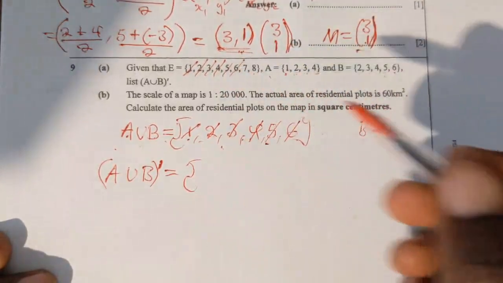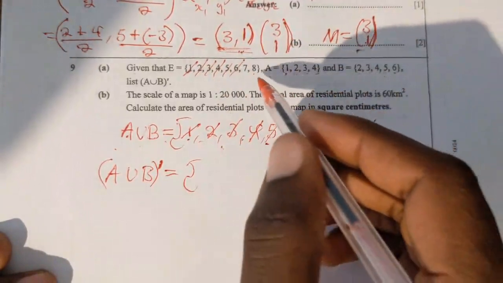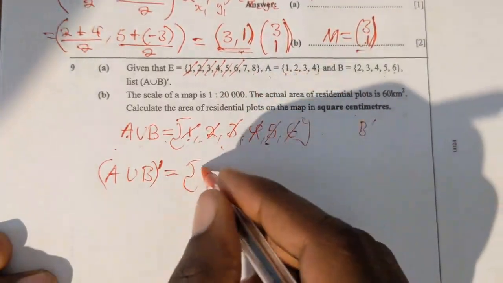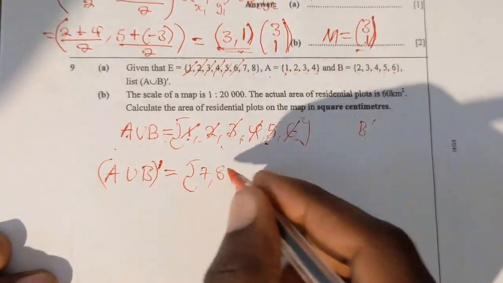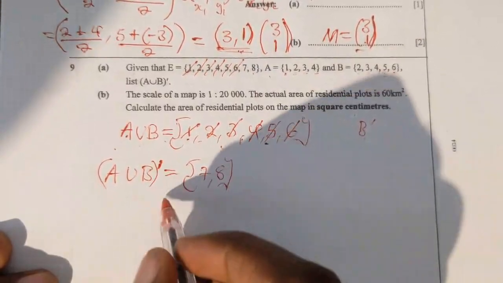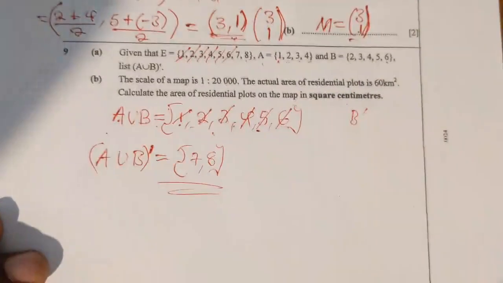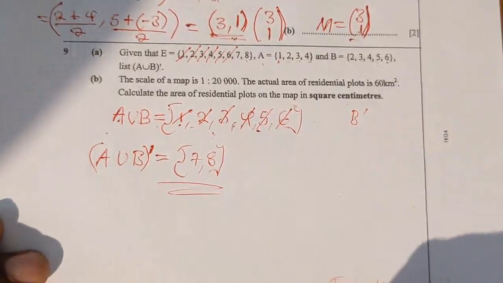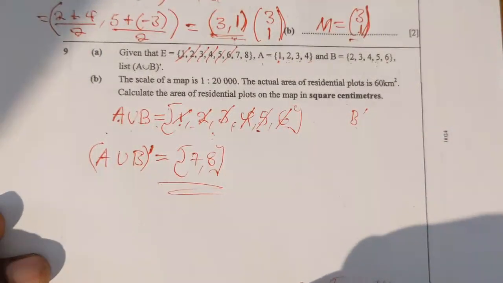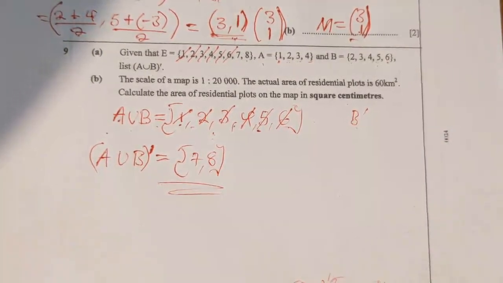What is remaining is 7 and 8. So this is the answer, and this is what you're supposed to put here: 7, 8. This is A union B complement.